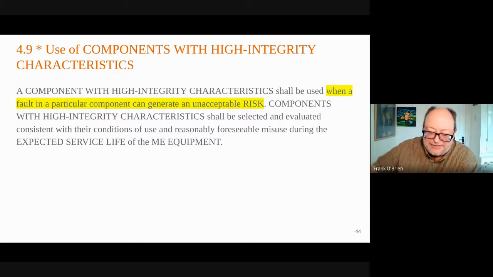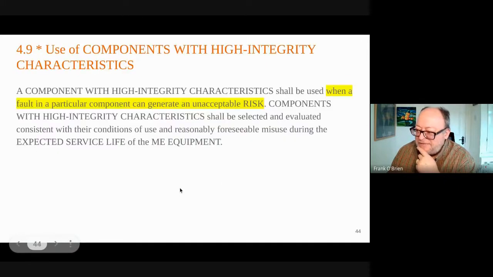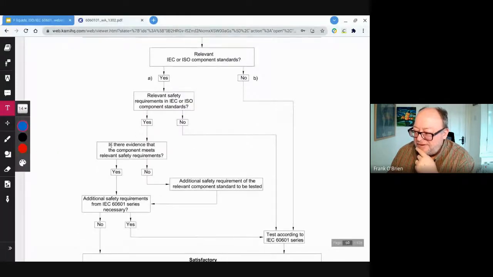Yeah, I've never liked this clause. I think it got worded wrong. High integrity betrays a certain intent, this idea that it's like reinforced insulation, a single means that has the equivalent of two means of protection because it has that same probability of failure. I wonder if there's a paragraph I left out.